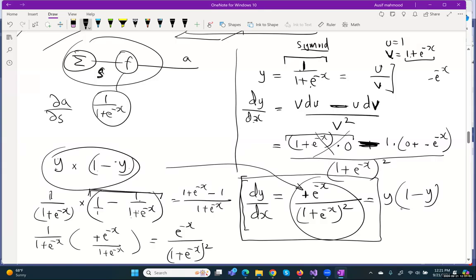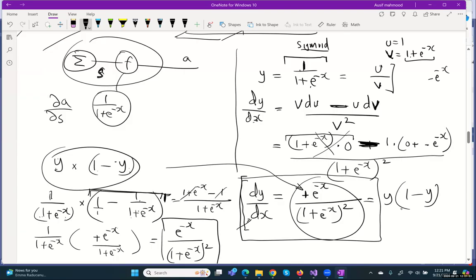The 1 cancels, so it is e to the minus x over 1 plus e to the minus x. Now if we multiply it over here, it becomes like this. So you can see y times 1 minus y is the same as dy over dx.